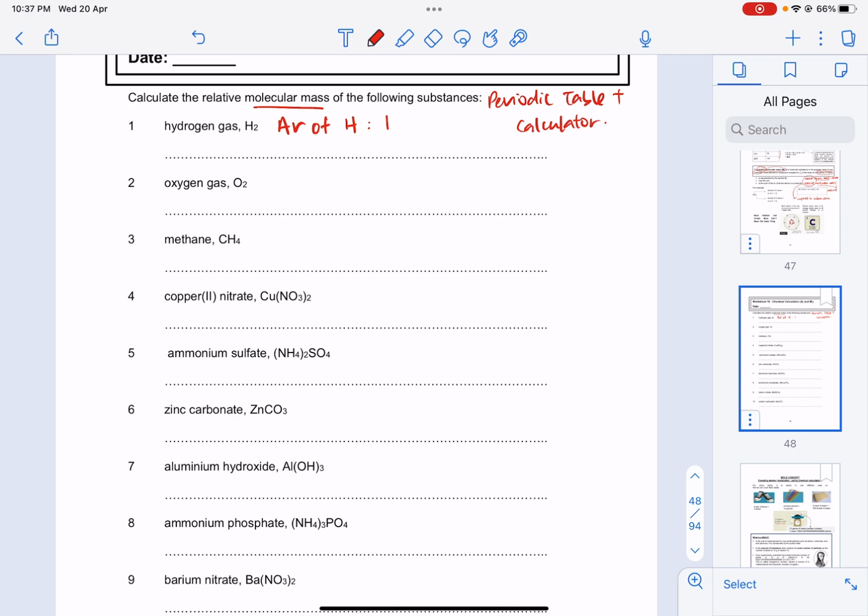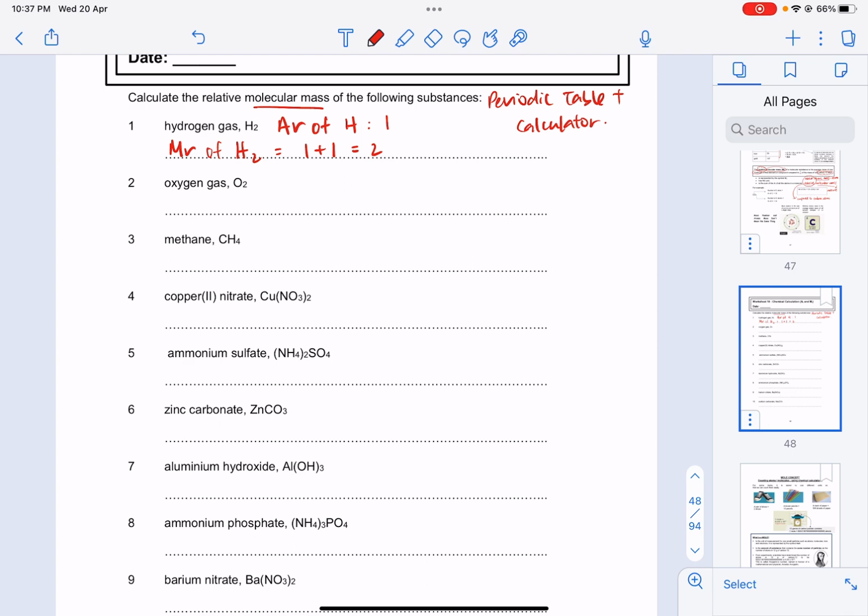Okay, so how many hydrogen are there? There is 2 hydrogen. So what is the molecular mass? The molecular mass of hydrogen is 1 plus 1 equals 2 because there's 2 hydrogen. Okay, is there units? No, there is no units because one molecule is too small to be measured. Okay, so we just give them a number to it.